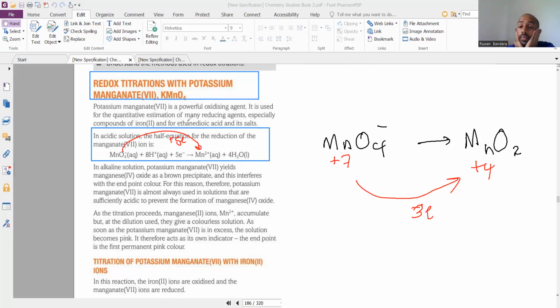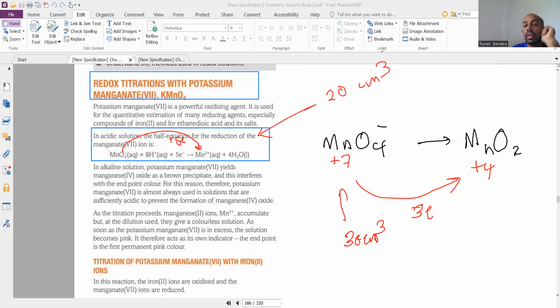And also, will raise the titer value. Now, in the acidic medium, let's say the titer value will be 20. Make it that the titer value in the alkaline medium will be around, just as an example, 30 cubic centimeter.